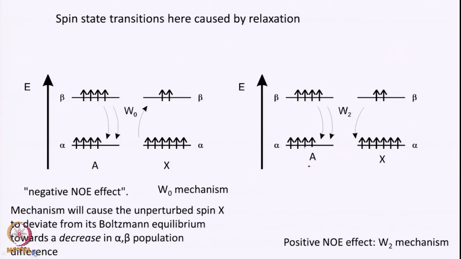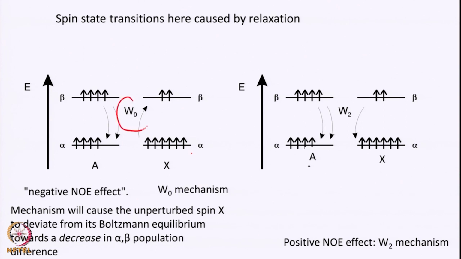Now, to give you a clearer picture of what is actually happening, I draw a population diagram. Let us say we have two spins, again A and X, with alpha and beta states for each. If we saturate one of the populations, say A, there are two mechanisms that will relax and equalize the population, and both of these contribute to the NOE.